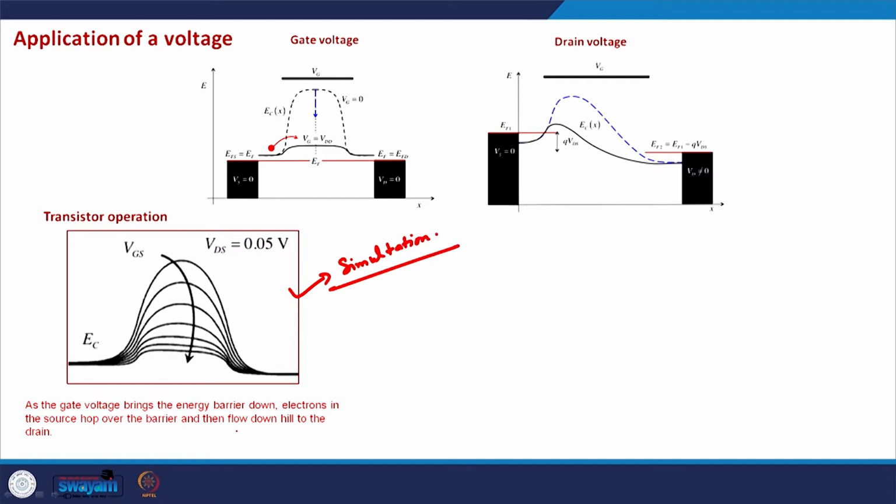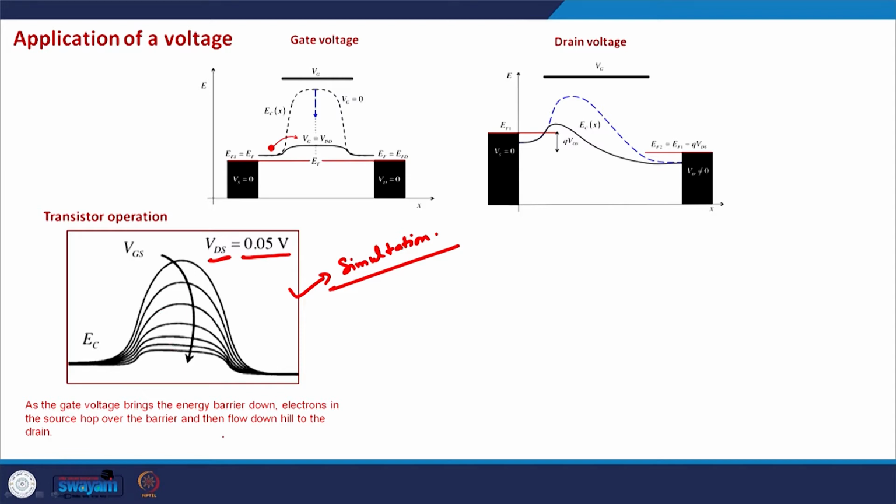Here the VDS voltage, the voltage difference between the source and the drain terminal, is assumed to be 0.05 volts, and for various gate voltages, the barrier in the device is shown. As you can see, by changing the gate voltage, we can actually change the barrier height.